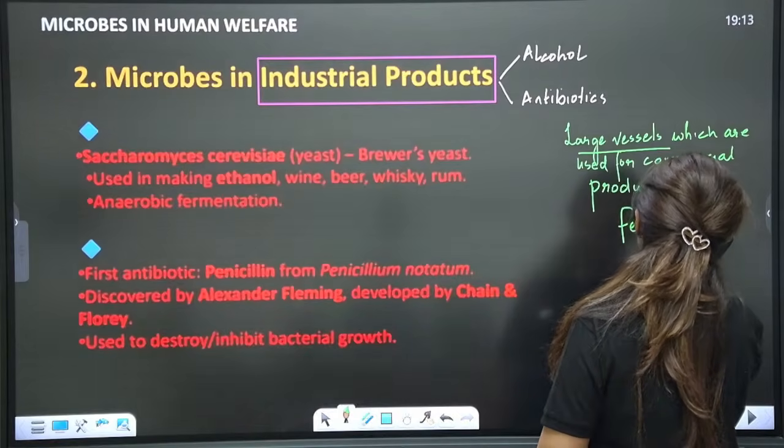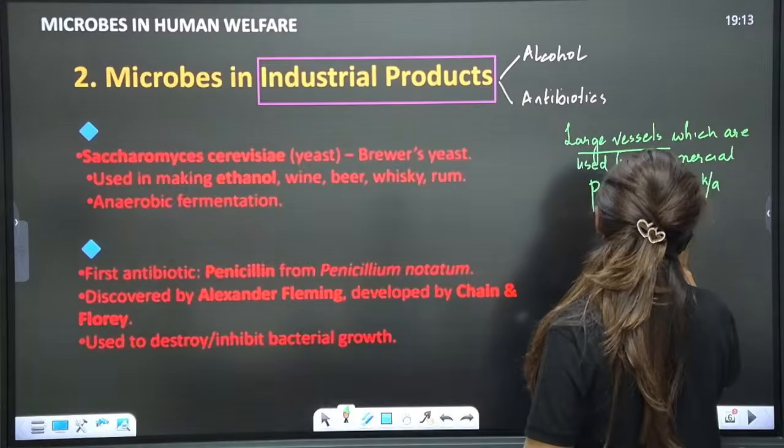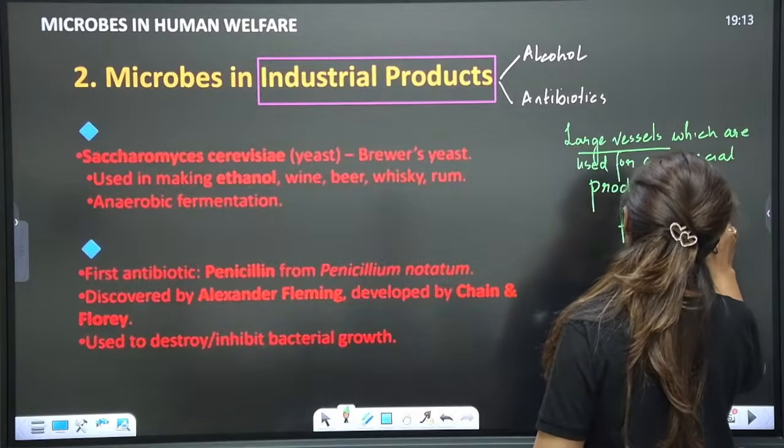These large vessels are known as fermenters. Is that clear? First of all, this.